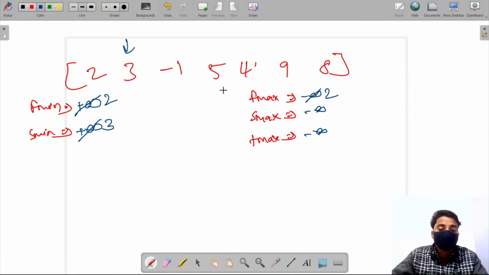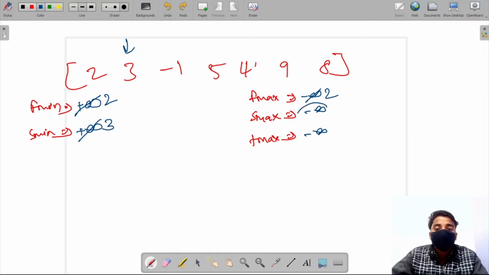Now we are at first max. So here 3 is greater than first max, so we need to update the first max. But if we update it directly, we will lose the 2 as the second max, because at this time this 2 will be the second max in the array. So this means we need to update the second max first by first max.